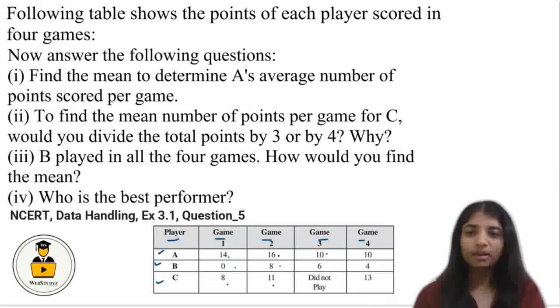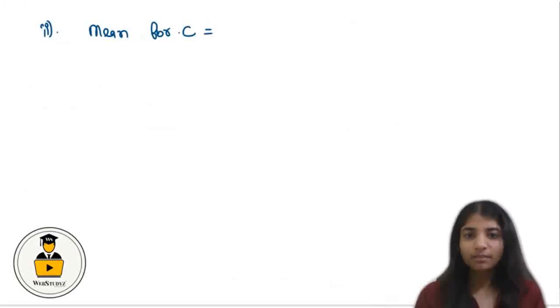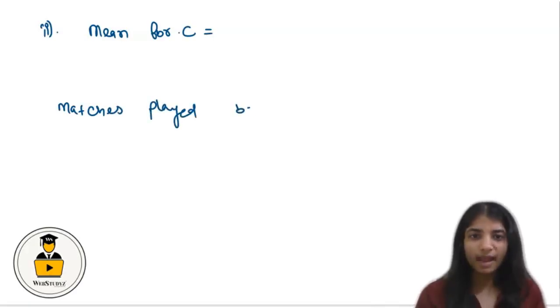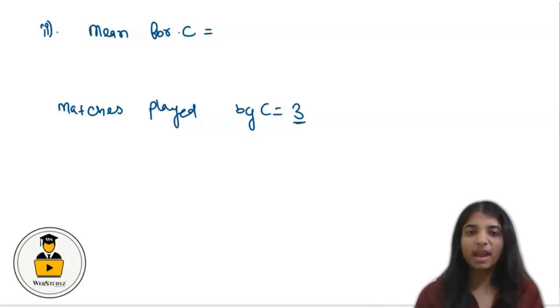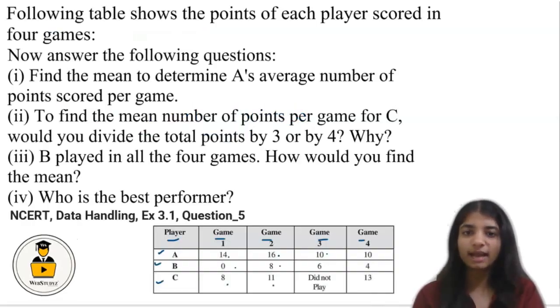So the number of matches played by C is equal to 3. He played 3 matches, so we are going to divide the sum of the scores he made in the 3 matches by 3. To find the mean number of points per game of C, will you divide the total by 3 or 4?